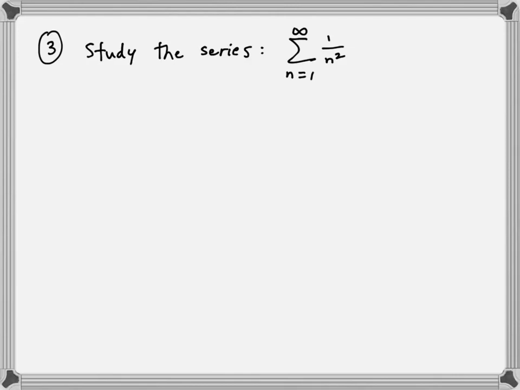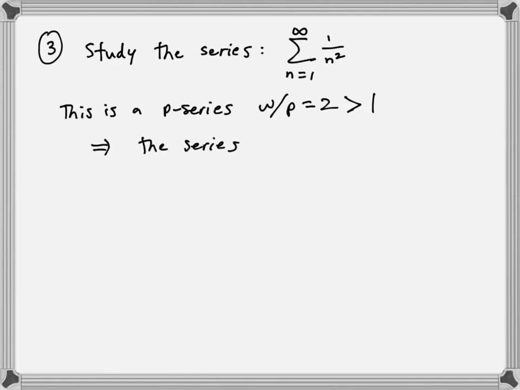So we want to determine whether this thing converges or not. So what do we notice? We notice that this is a p-series with p equal to 2, which is larger than 1. So this means the series converges. Right? It's that simple.